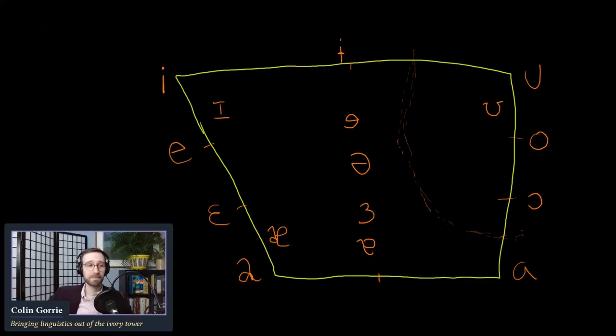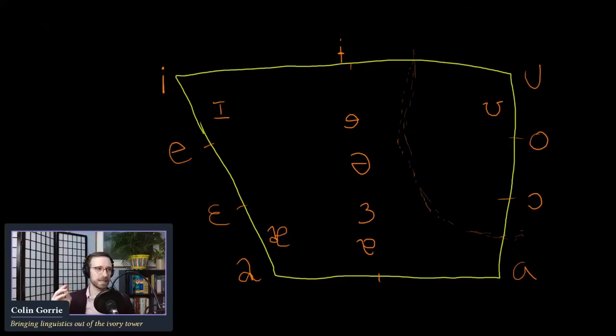So where are we? I haven't given you the symbols for the rounded front vowels and the unrounded back vowels. So I'm going to make use of a new color, a beautiful blue, and we are going to look at the rounded equivalent. So let's look at the rounded front vowels.